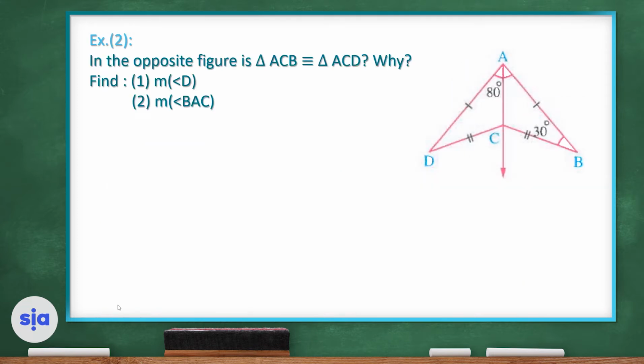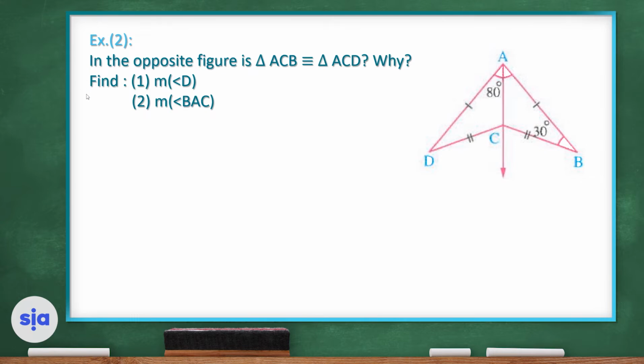Exercise number 2. In the opposite figure, is triangle ACB congruent to triangle ACD? Please state yes or no and say why. After that, find the measure of angle D and find the measure of angle BAC.